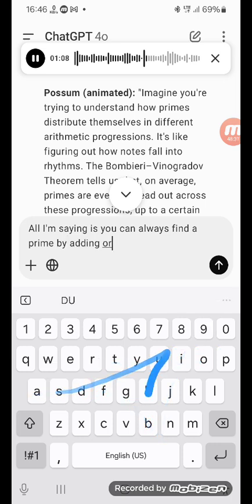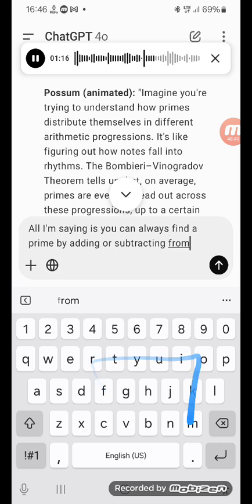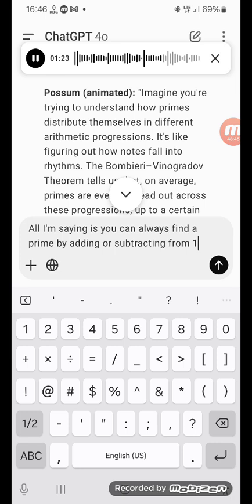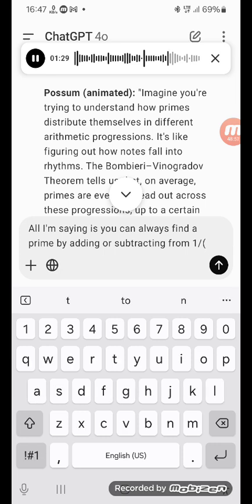It opened up new ways to tackle problems in number theory, giving mathematicians a powerful tool to understand the elusive nature of primes. Bombieri's work is a testament to the elegance and depth of mathematical thought. Sounds like Bombieri hit all the right notes. He composed a masterpiece, my friend.